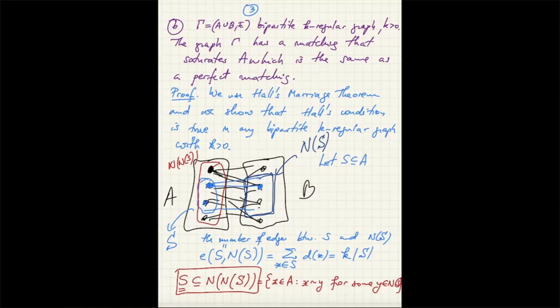Okay. So with that in mind, we have the following. We have that the neighborhood of the neighborhood of S contains S. So that implies that if I count the number of edges between S and the neighborhood of S, I should get less than or equal to the number of edges between the neighborhood of the neighborhood of S and the neighborhood of S. I think that's pretty clear.